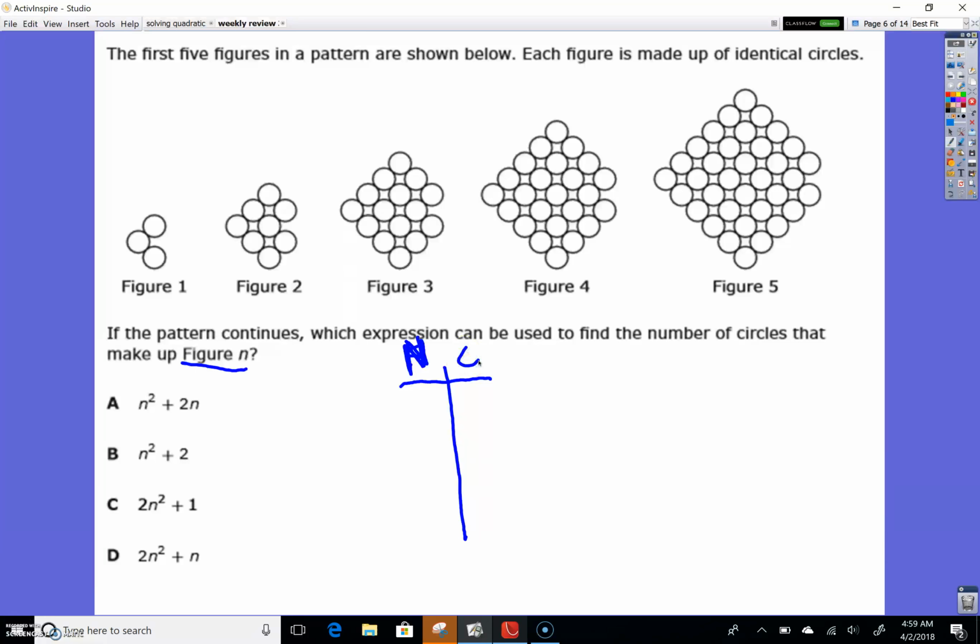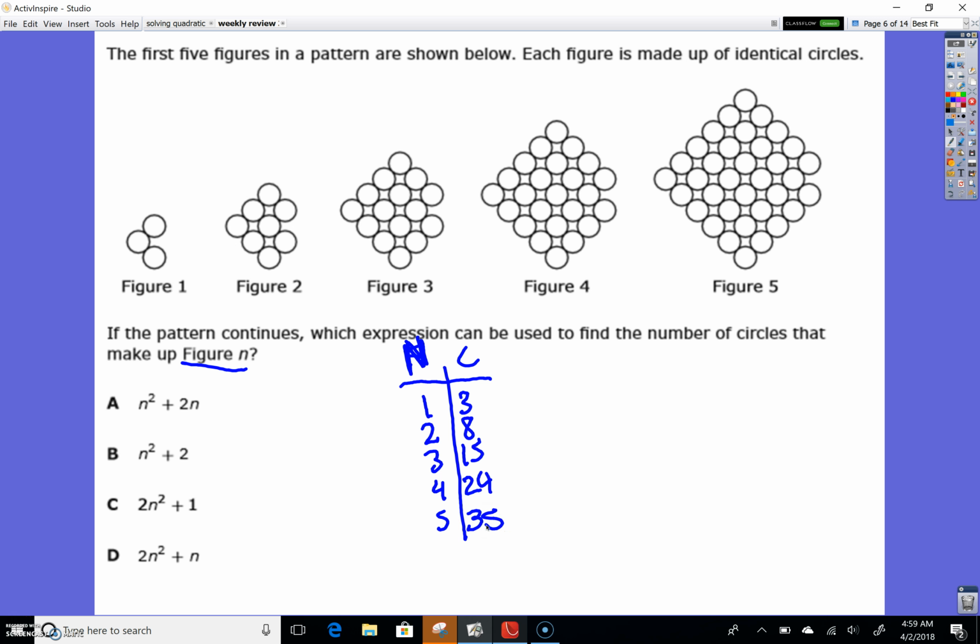I call it C. 1 has 3. 2 has 8. 3 has 15. 4 has 24. And 5 has 35.